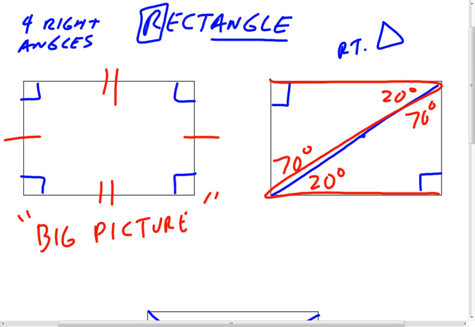Didn't we just have an entire chapter on things dealing with right triangles? Did we have Pythagorean theorem, special right triangles, trigonometry, sine, cosine, and tangent? You have to consider all of that when a rectangle is being talked about. So you're not just thinking about quadrilaterals, now you're thinking about all of your chapter 7 right triangle characteristics.